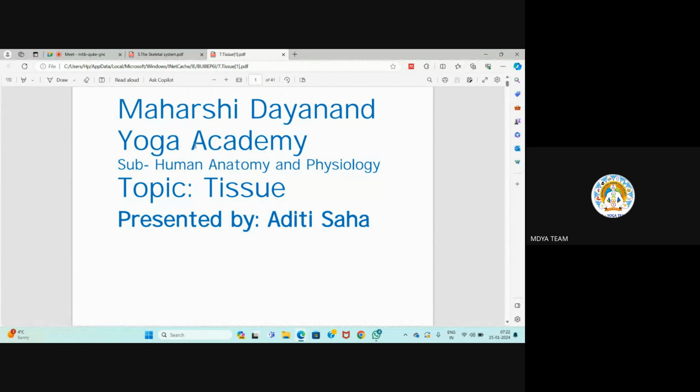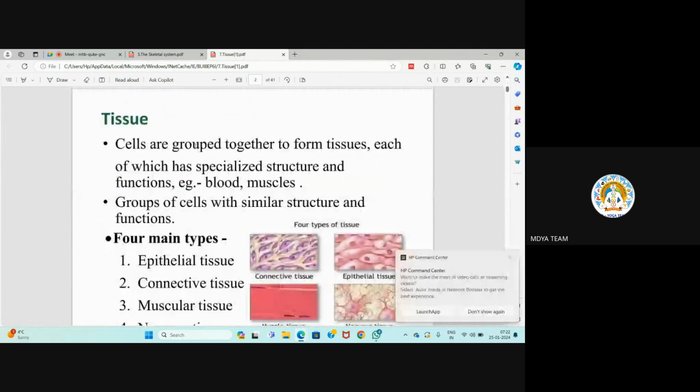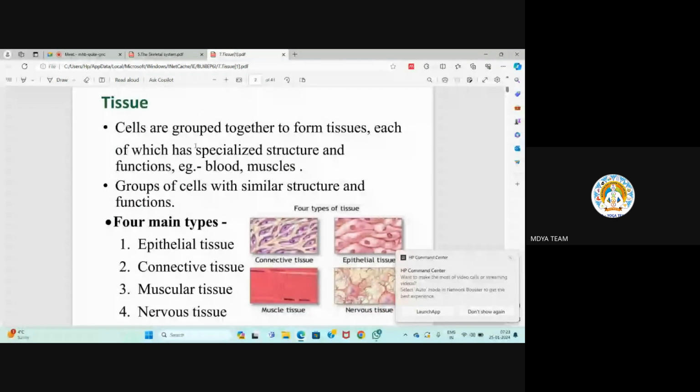Is it clear? A collection of cells which have a similar structure and function, that is tissue. Cells are grouped together to form tissues, each of which has specialized structure and functions.